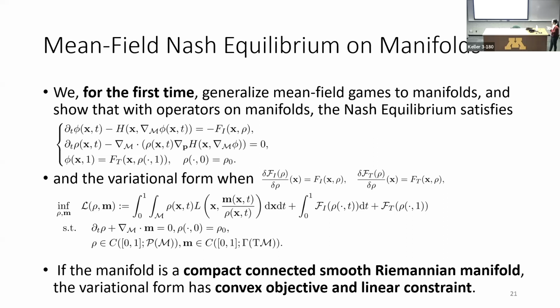If the manifold is a compact connected smooth Riemannian manifold, then this variational form also preserves the same nice property as we have on Euclidean space. This constraint is linear and this objective is convex.